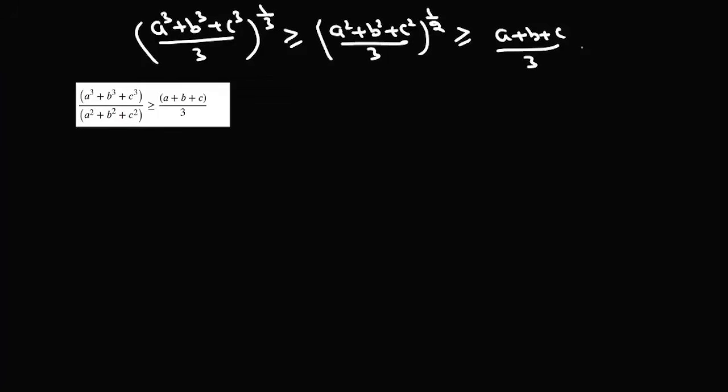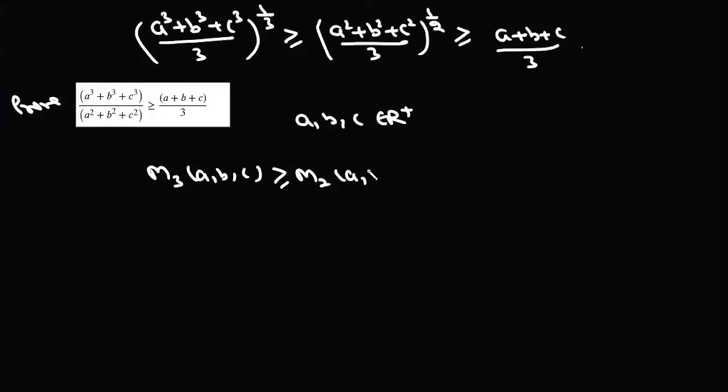Now let us take another example, and here we have to prove that (A cube plus B cube plus C cube) upon (A square plus B square plus C square) is greater than or equal to (A plus B plus C) by 3. Now again for this, we'll take 3 positive real numbers A, B, C, and again we know M3(A,B,C) is greater than or equal to M2(A,B,C).